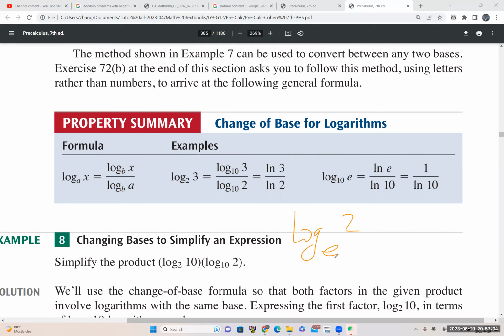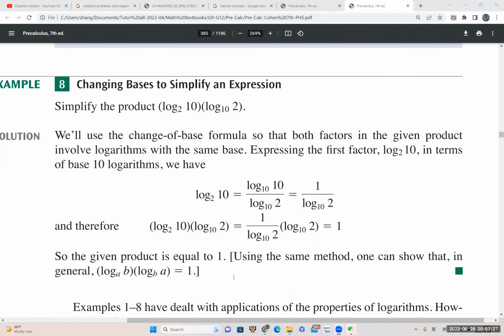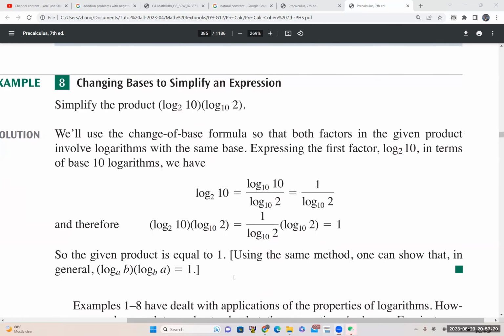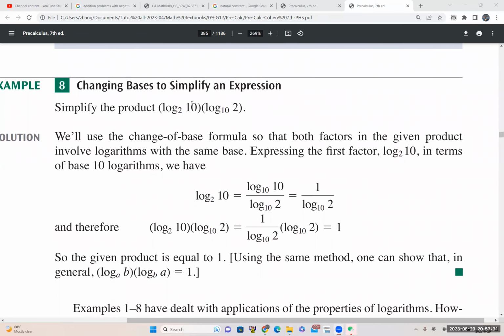I suppose that's the normal bases we have. If it's not a normal base, then you can change it to the most common base. After changing base, we know this just equals 1.